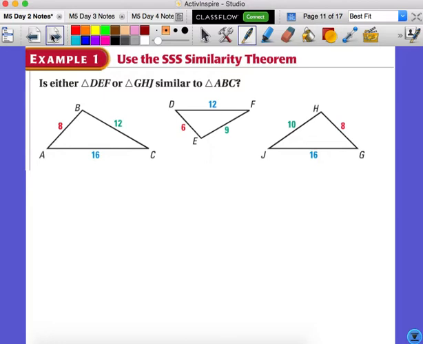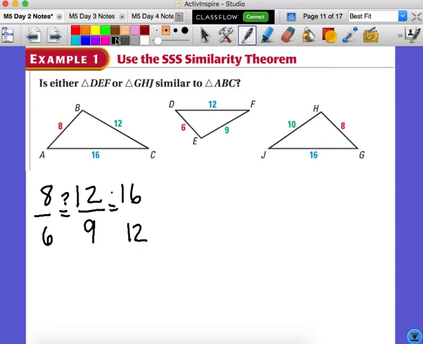What I would do is start off from least to greatest for the first figure. The first figure has 8, 12, and 16 as its 3 side lengths. Then I'm going to look at the next figure. I have 6, 9, and 12. So I've listed them both from least to greatest, and if they're similar, these should all be equal as proportions.